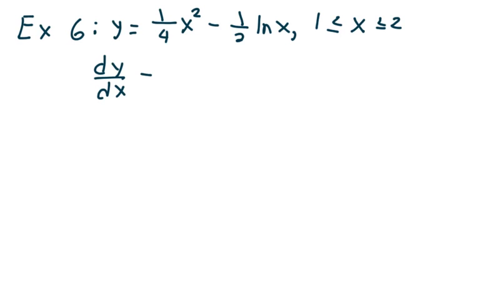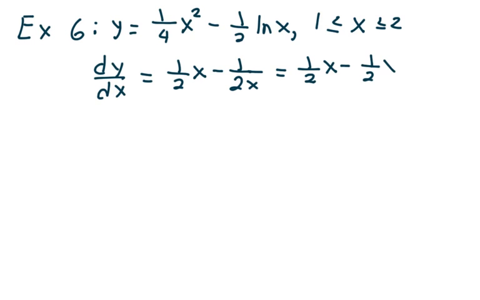So I'm going to take dy/dx, and I'm going to get 1/2 x minus 1 over 2x, which is 1/2 x minus 1/2 x to the negative 1.